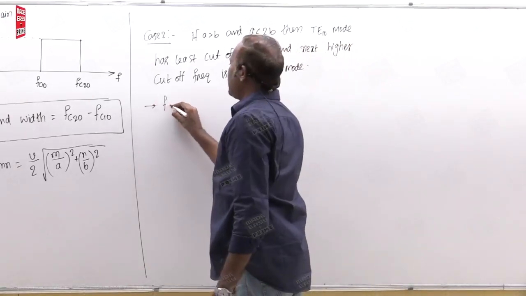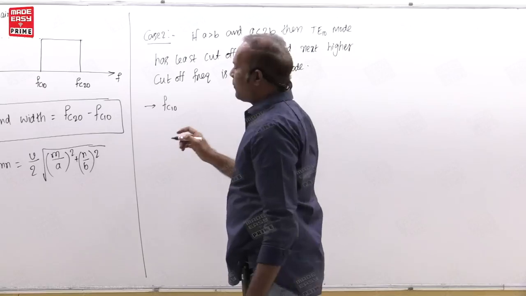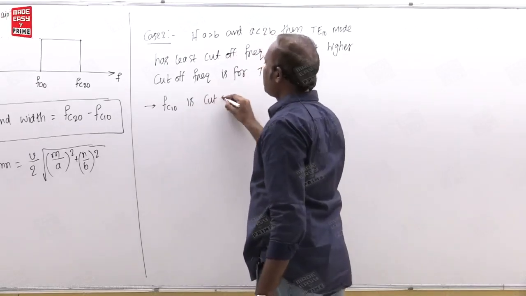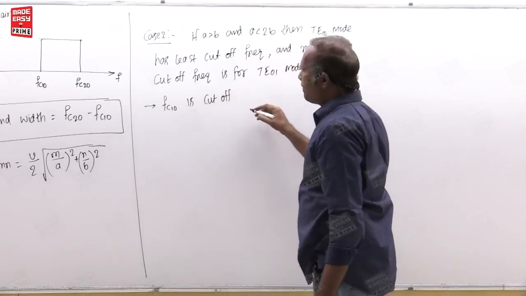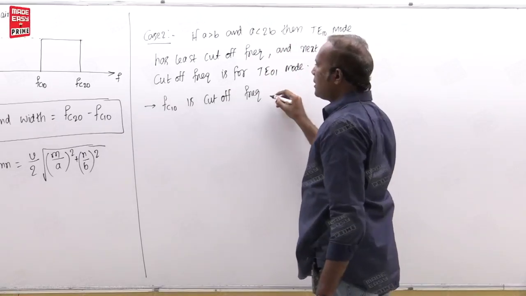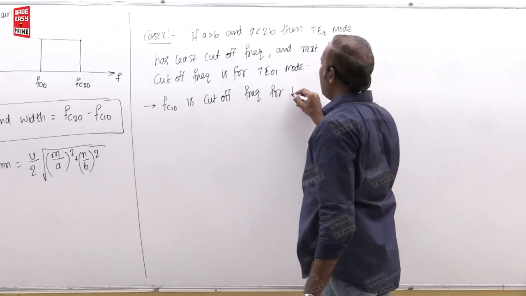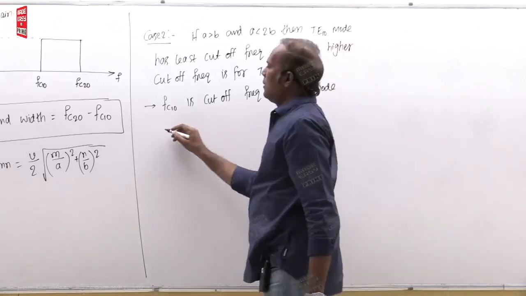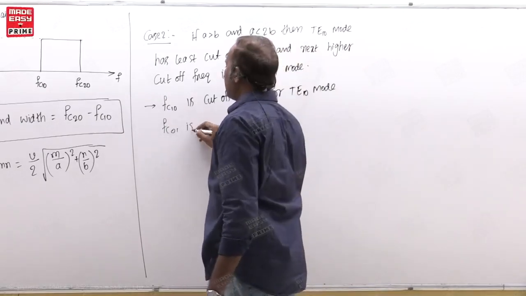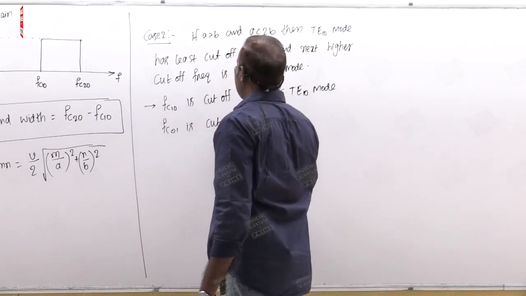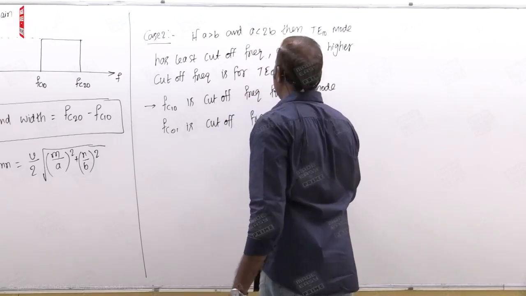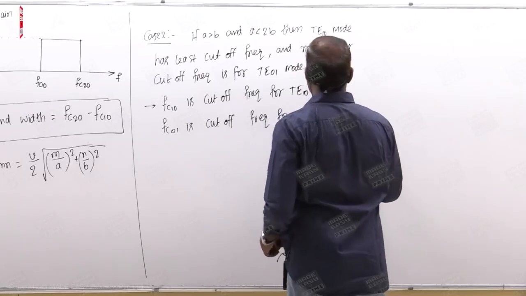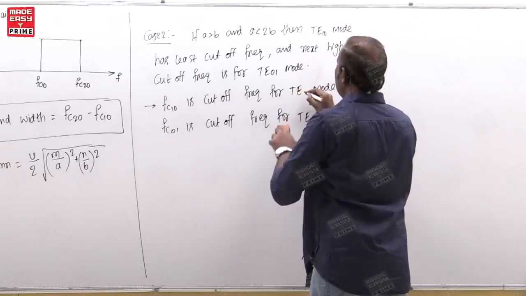Now similar to that I am writing FC10 is cutoff frequency for TE10 mode, and FC01 is cutoff frequency for TE01 mode, right?